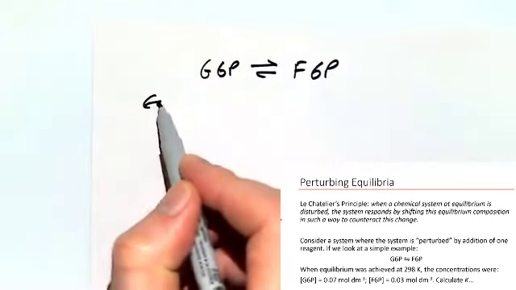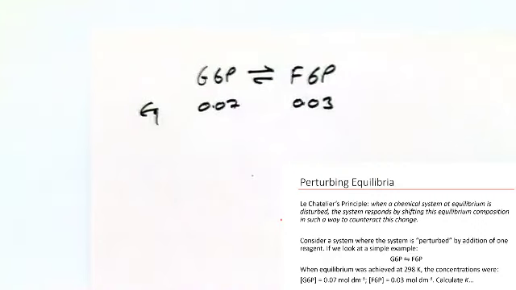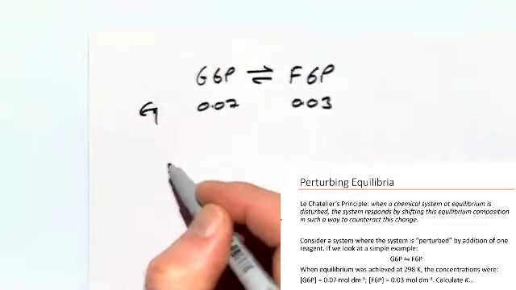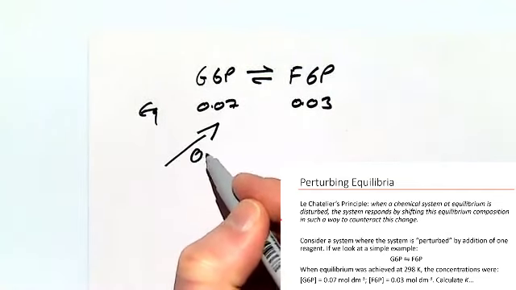The equilibrium concentrations are 0.07 and 0.03. So that means the ratio of these two will be in that ratio at equilibrium. So now we've come in and we've doubled the concentration, we've chucked in a load of glucose in here, so we've doubled its concentration to 0.14.